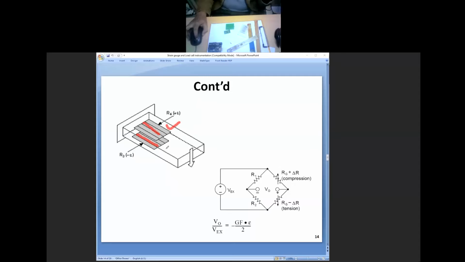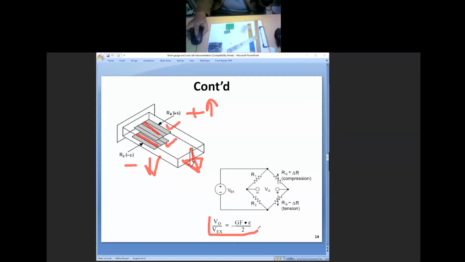The top surface, let's say it is bending in the downward direction, would be under tensile, the bottom under compressive, so resistance will increase, resistance will decrease. In this case, this is my circuit again. The circuit is the same.